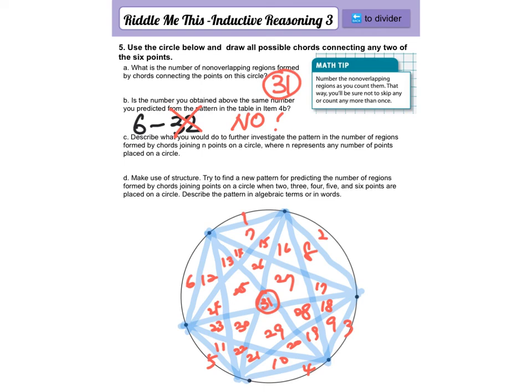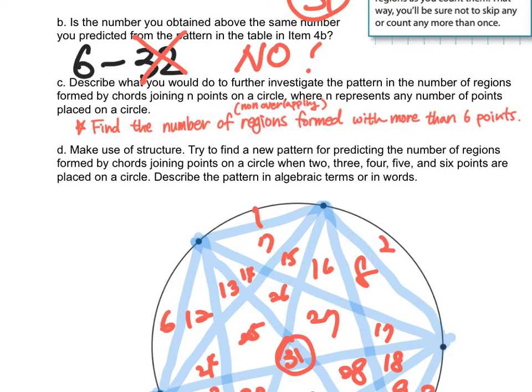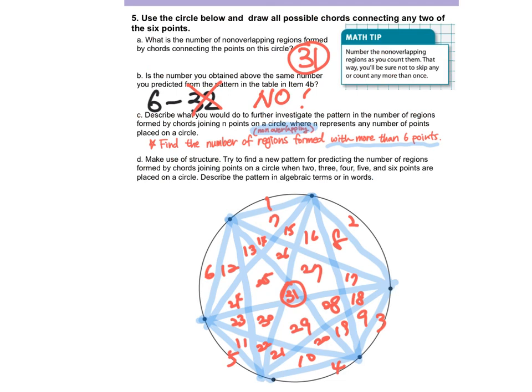So if I were to investigate this pattern, I'm going to try when there are 7 points, 8 points, or 9 points. So I will find the number of regions formed with more than 6 points and make sure they are non-overlapping regions. The last question is all correct as long as you explain what you can predict from this pattern in your own words.